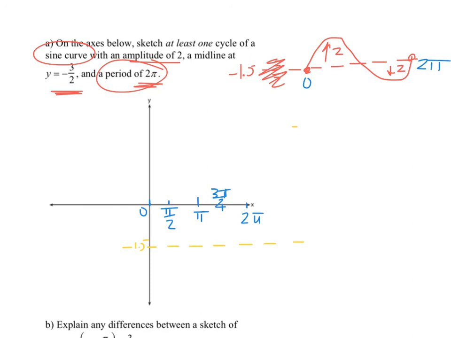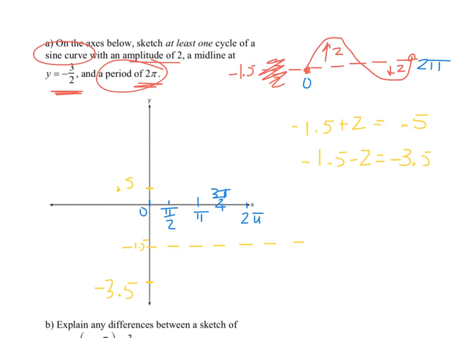And if I do negative 1.5 plus 2, that's going to get me 0.5. If I do negative 1.5 minus 2 to get my minimum, that's going to get me negative 3.5. So my maximum value is going to be at 0.5, and my minimum value is negative 3.5.